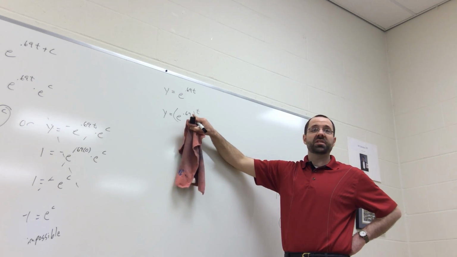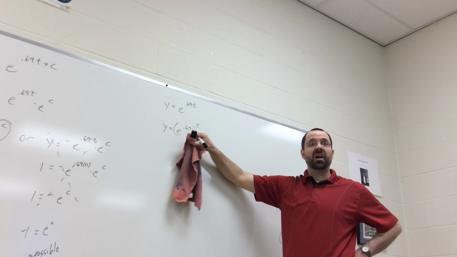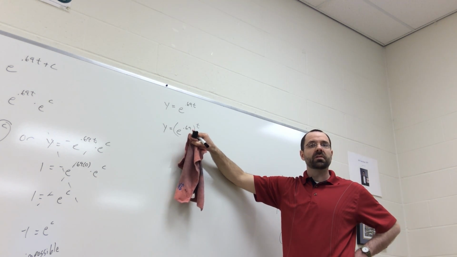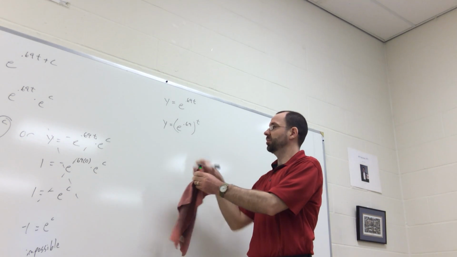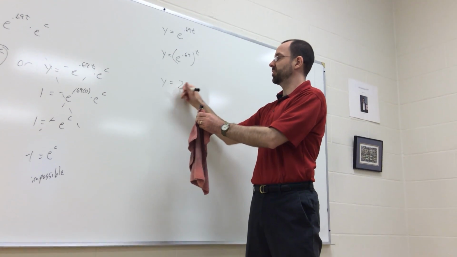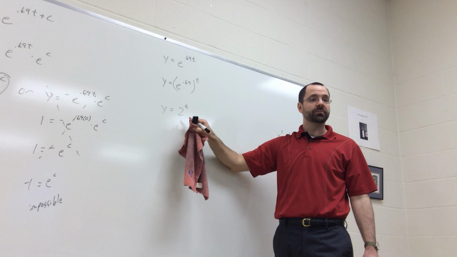So when I chose this 0.69, I rounded it. I actually intended e to that power to be 2. But 1.995 is pretty darn close to 2. So let's just make it 2 for the purpose of discussion. Okay, so our final answer is y equals 2 to the t.